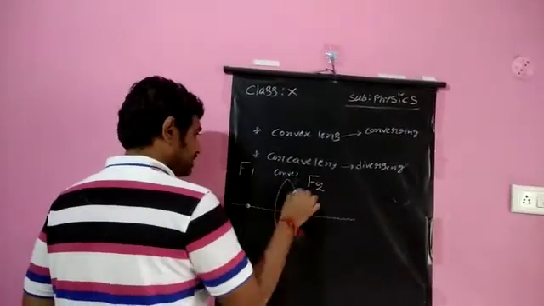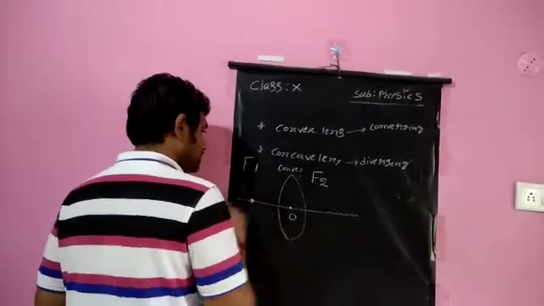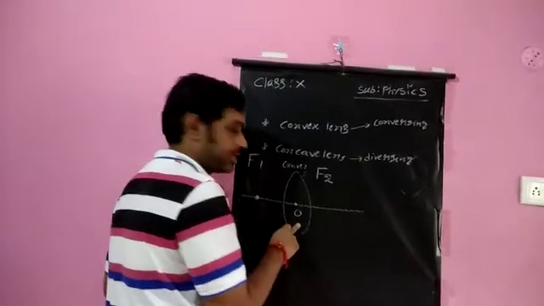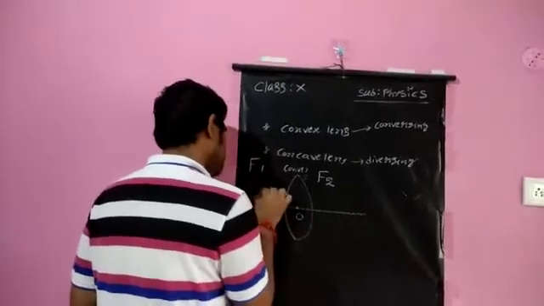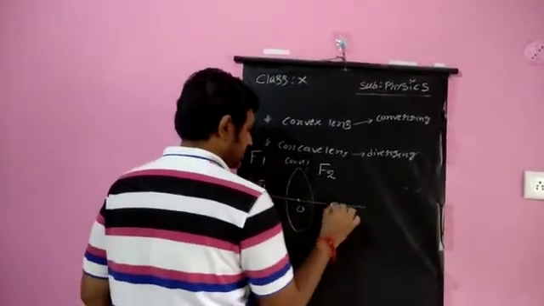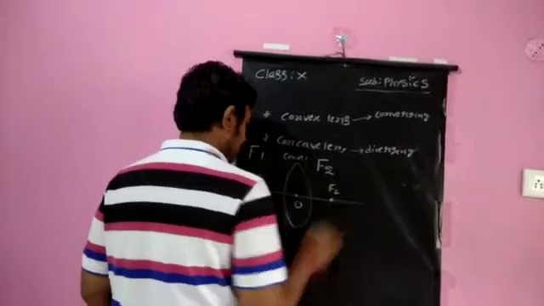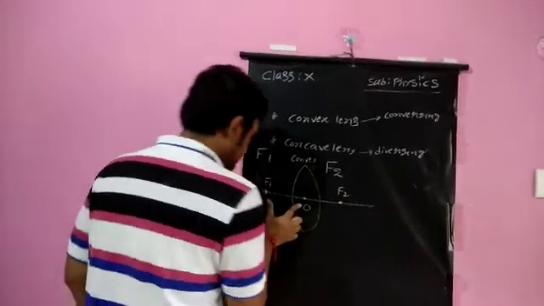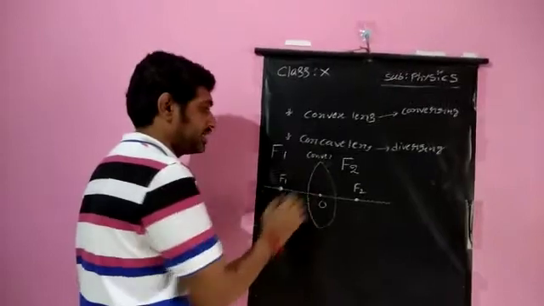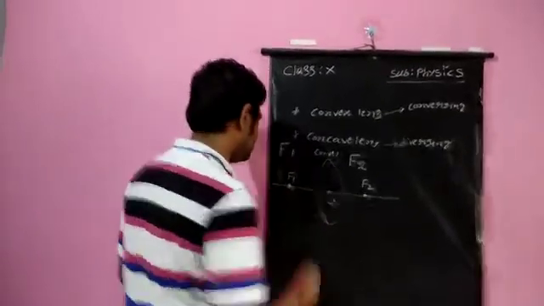So for this lens, this is the principal axis, and the line passes through the optical center. On this side is the first principal focus, and on the other side I will take the second principal focus. The distance OF1 is the focal length of the convex lens.